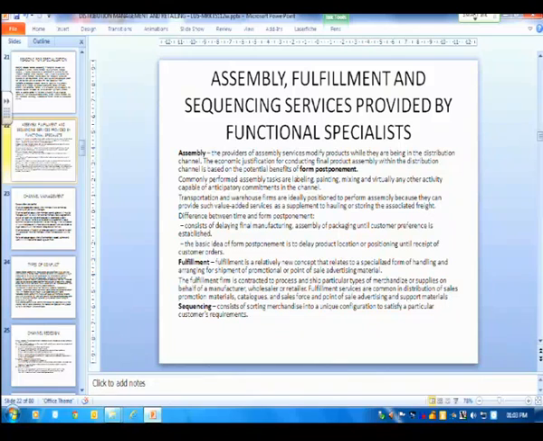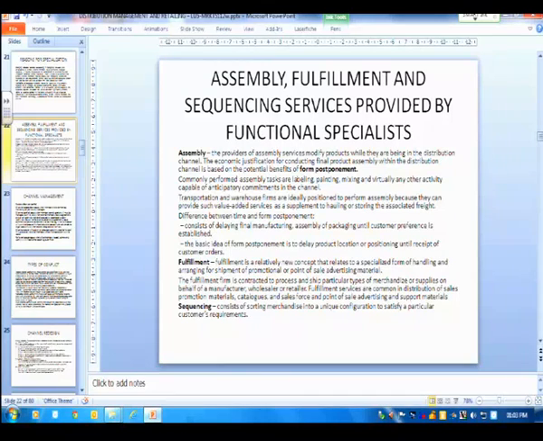Commonly performed assembly tasks are labeling, painting, mixing, and virtually any other activity capable of anticipatory commitments in the channel. Transportation and warehousing firms are ideally positioned to perform assembly because they can provide such value-added services as a supplement to hauling or storing the associated freight.